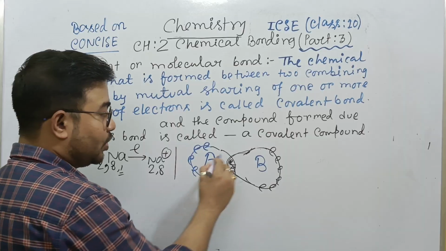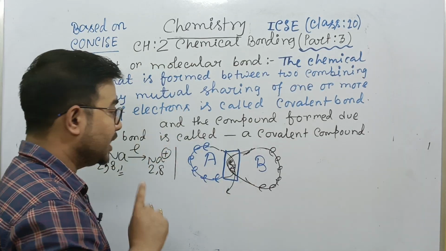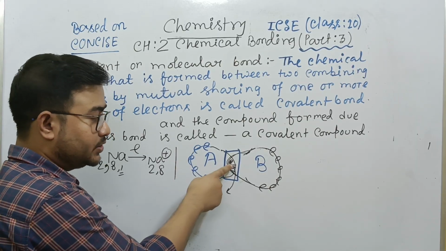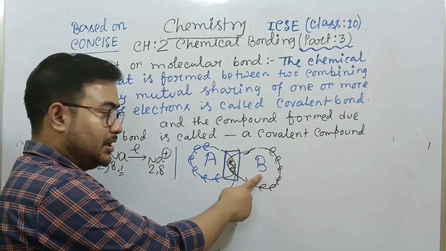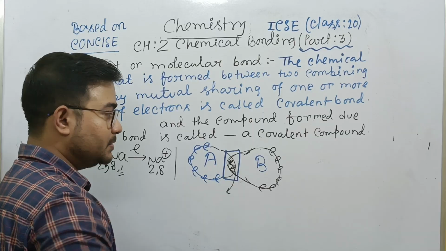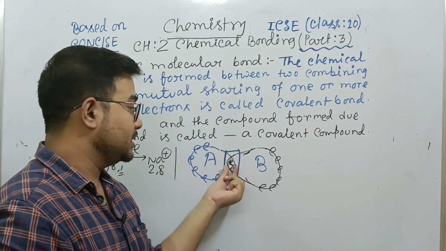Now this is the common space. In the common space, how many electrons are present? 2. Initially A has how many electrons? 7. 1 is donated in the common space. B also has 7 electrons, and it donates 1 here in the common space. Common space means both have the tendency to use this electron.